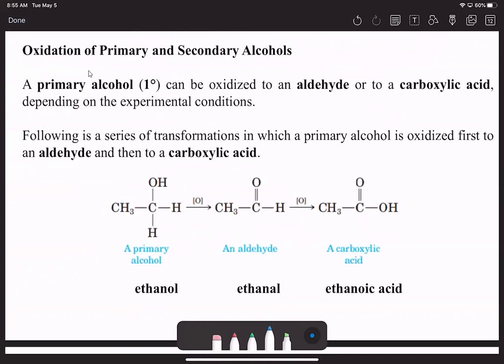All right. So oxidation. These are now going to be some more complex reactions. Right? We've learned addition reactions. We have combustion reaction. We have halogenation of alkanes.